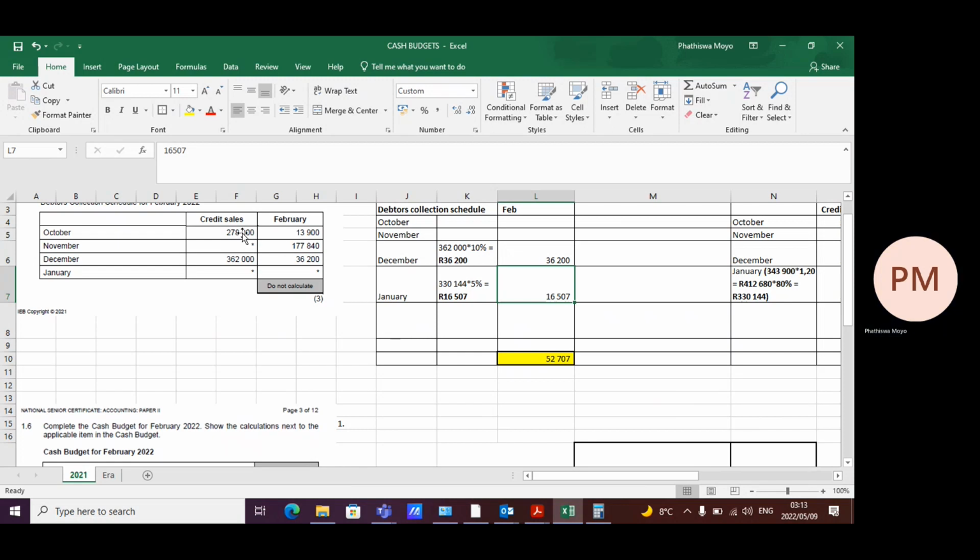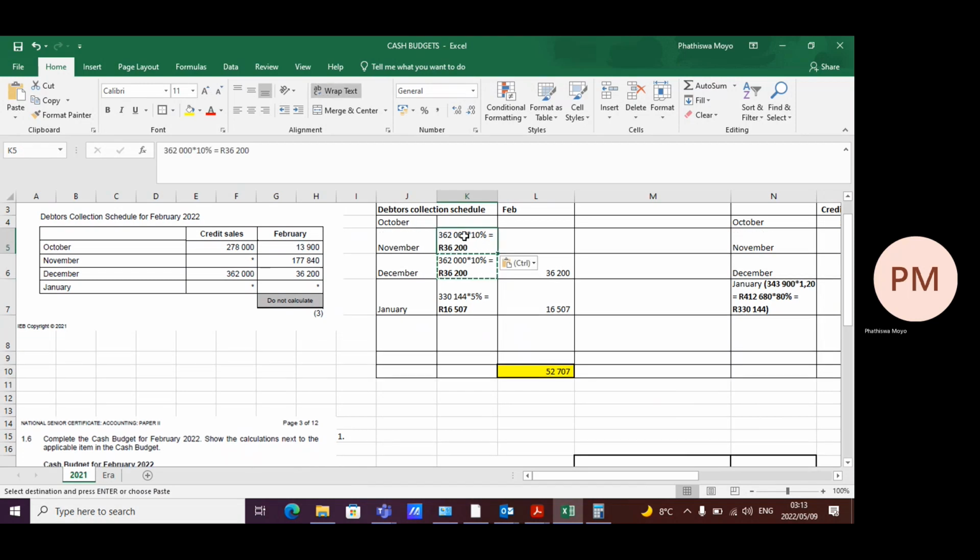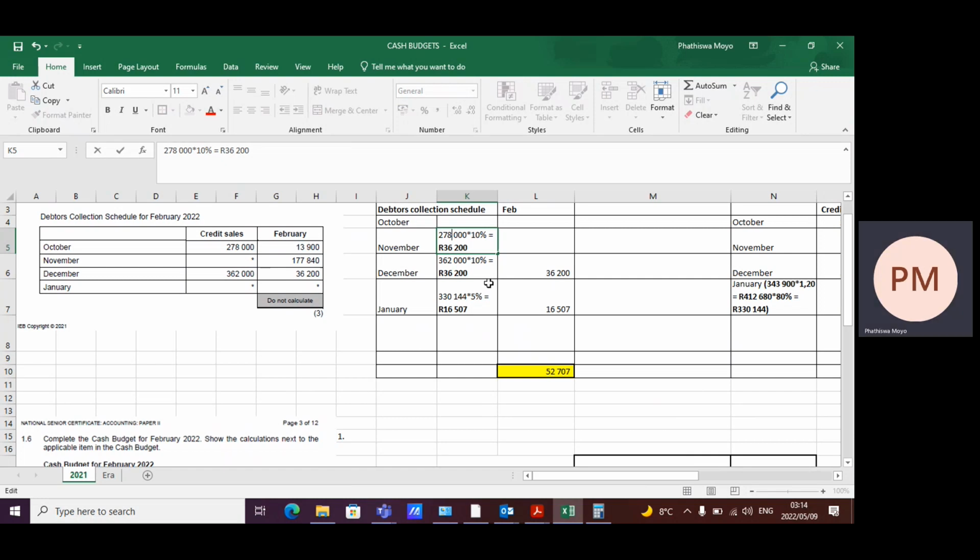October, 5% is collected in November. Okay. 278.